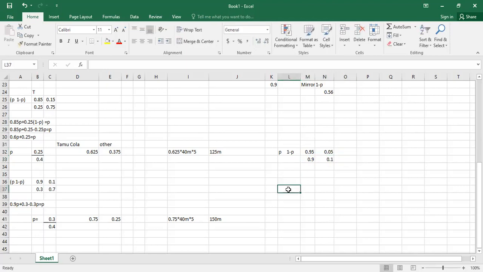Then for the second one, for the NO or computer B, you have 0.98, 0.02, and then we have 0.85 and 0.15. So this is it. We form again the equation and we get the P and then get the Q.